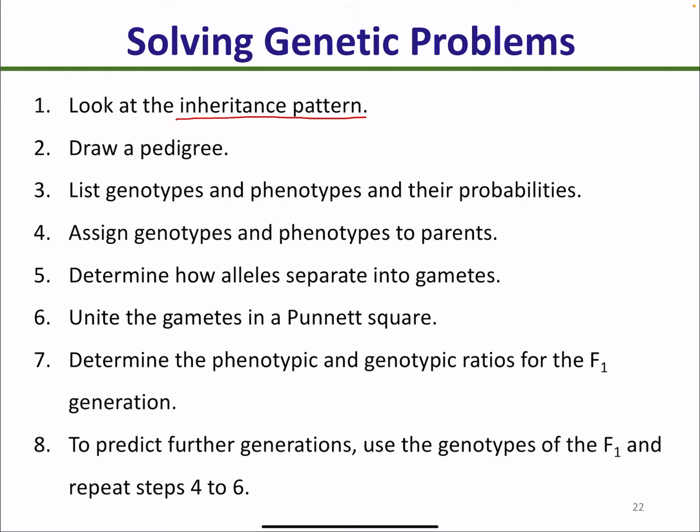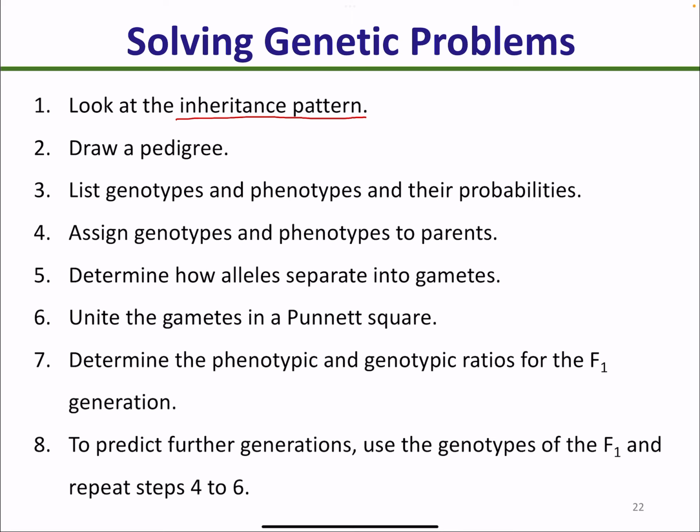However, the only major difference here is that as we are looking at the pattern of inheritance, we have to pay close attention to the sex, right? What is the proportion of males and females that are affected?